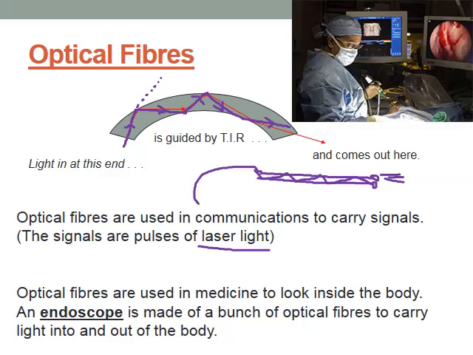Even if it's curved, if it's having to go through somewhere strange, you can probably imagine where endoscopes are used, it will keep on bouncing back, and the doctor gets an image like on here. So you can see exactly what's going on, even though that is inside the body. So it's pretty much looking at what's going on without being invasive. It's a relatively non-invasive form of surgery, most commonly used to stick down your mouth and have a look at what is going on in, say, your stomach, or even further along.